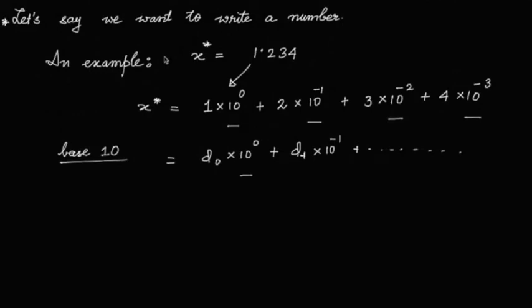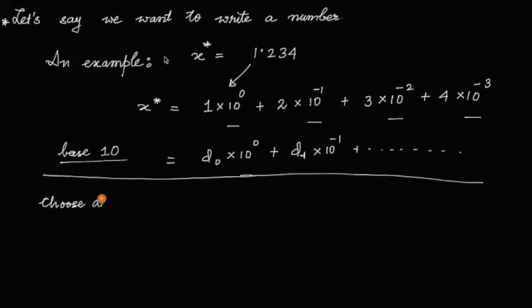So the first thing that we need to do is to choose that base. So we choose a base, say B. The base is B. B equals 10 in the previous case. And then I write down x equals, and let me use a little bit different index, and it will be clear why I am doing this here.